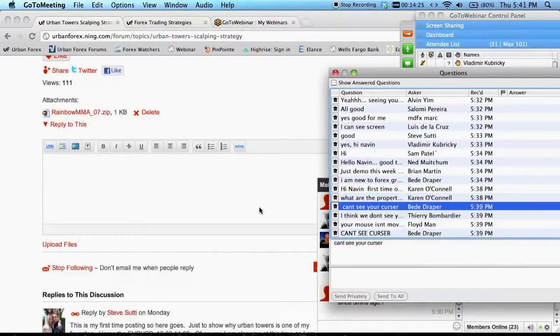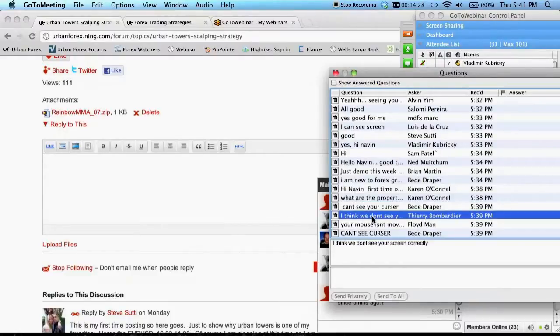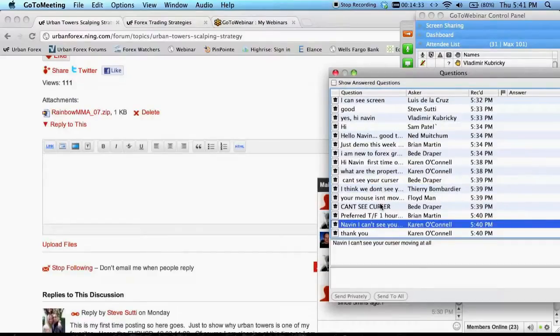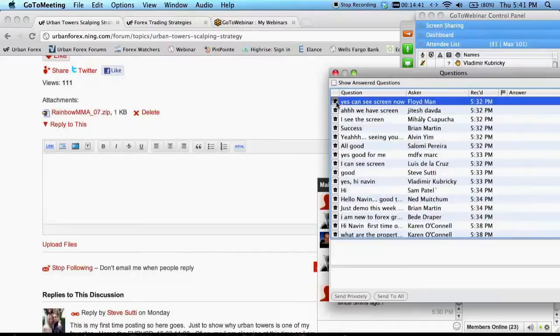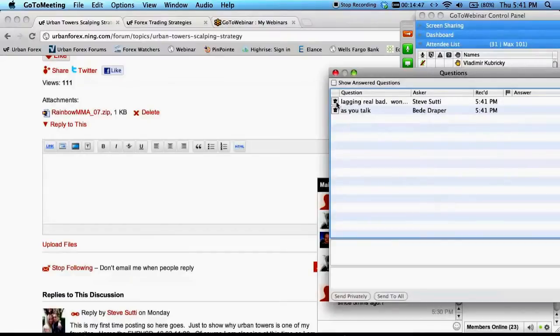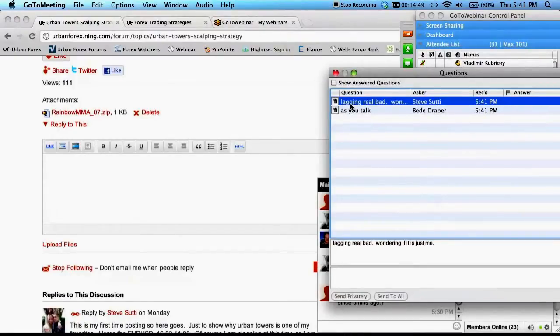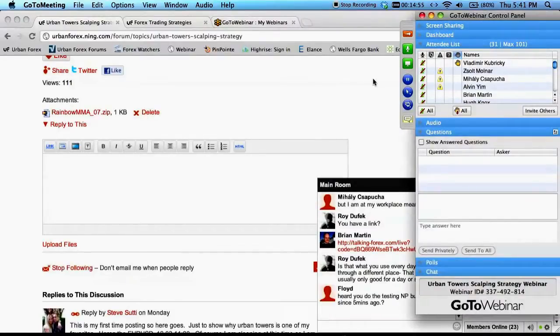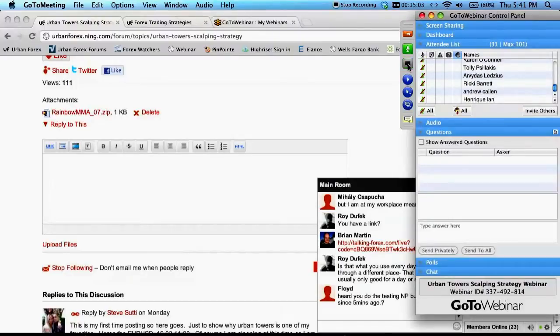Bede, you said you cannot see my cursor. I don't know if you can. Can't see your screen correctly. Okay, it looks like my cursor has stopped moving. So let me refresh my screen once again, real quick. Okay, let's get rid of all these questions. Steve says lagging really bad, wondering if it's just me. Just want to confirm with all you guys, can you hear my voice at least clearly, or is it just my screen that's having little problems? Okay, I'm going to reload the screen just now.